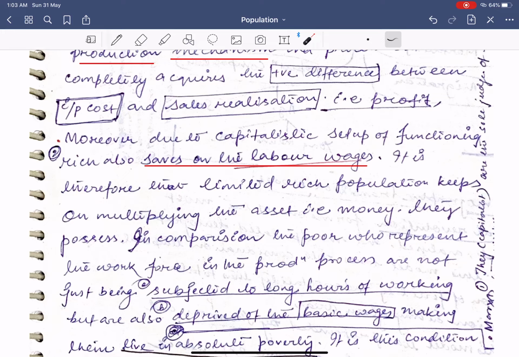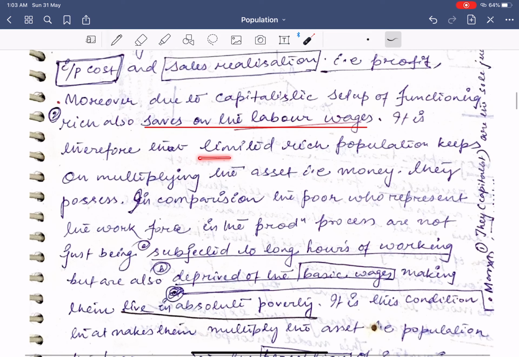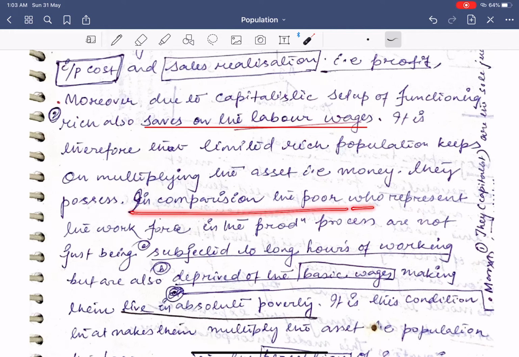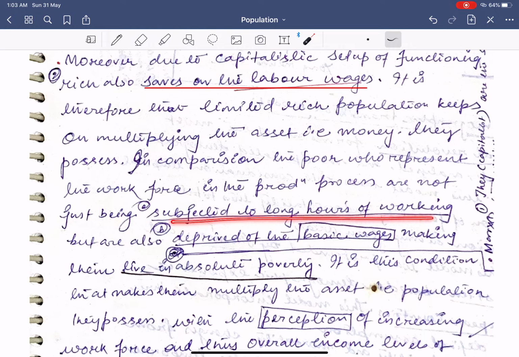Rather, the laborer is given less than the wage that he deserves. It is therefore that the limited rich population keeps on multiplying the assets, that is money, they possess, in comparison to the poor who represent the workforce in the production process and are not just subjected to long working hours but are also deprived of the basic wages.